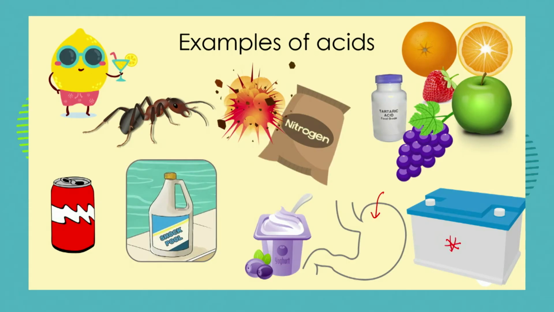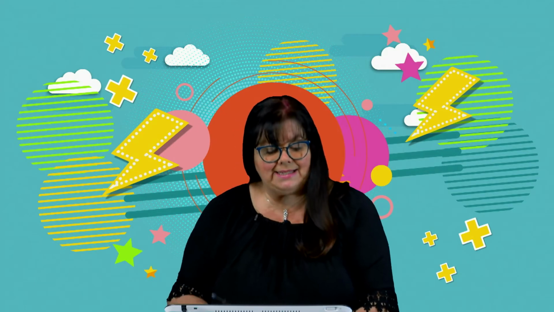Hydrochloric acid and other dangerous acids like sulfuric acid, hydrochloric acid in pool acid. We know that certain animals contain acids, like ants having formic acid, which is a little bit burny if you were going to eat ants.